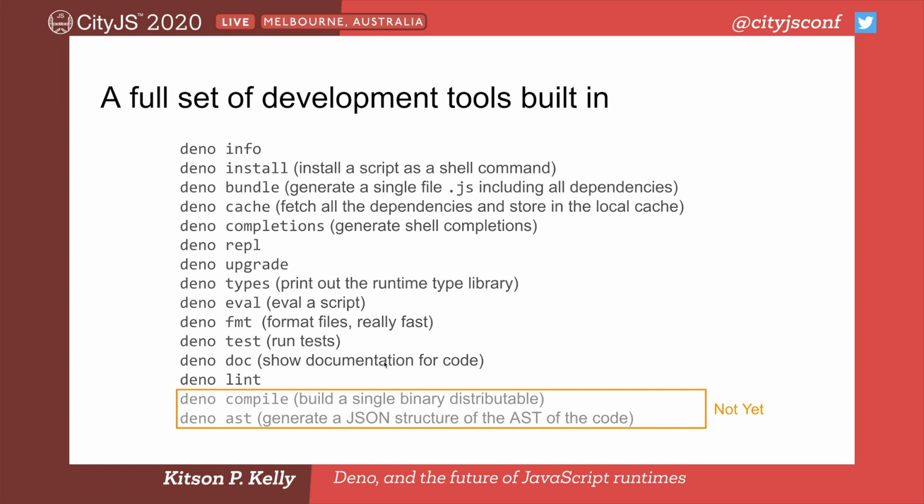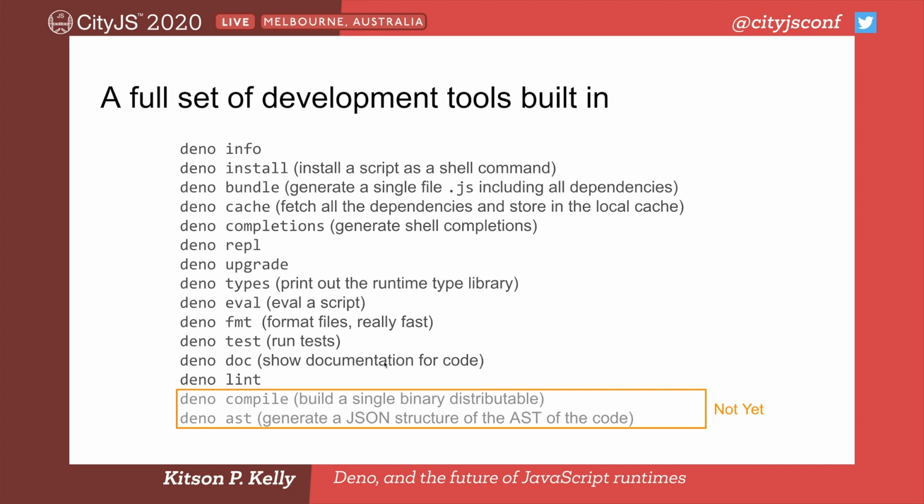Deno on the command line is a full set of development tools, and I think this is one of the areas that we've continued to increase the capability there. And so deno info gives you all the information about the program that you're running. deno install will install a script as a shell command. bundle will generate a single JS file with all of your dependencies. cache will go ahead and prefetch all of the stuff that you need and save it in the cache.